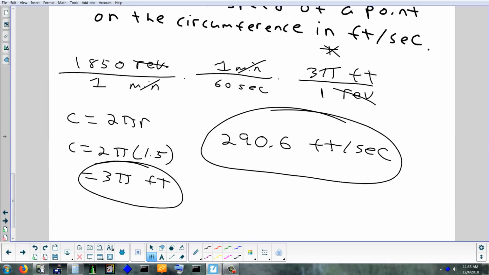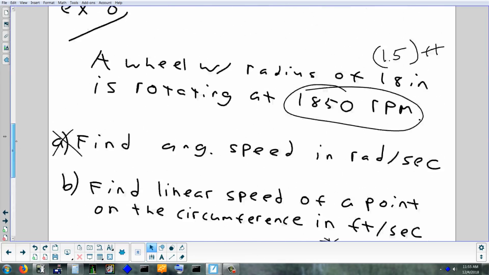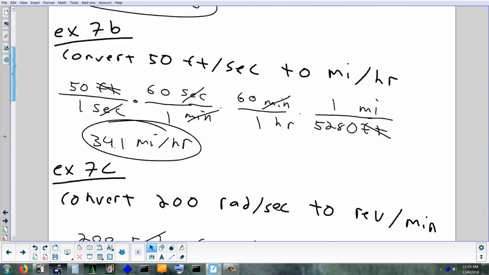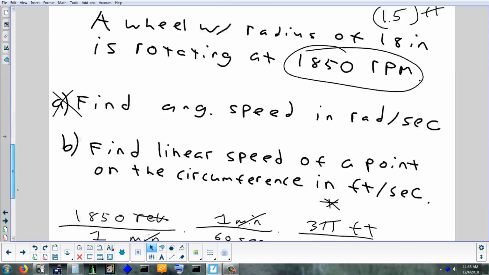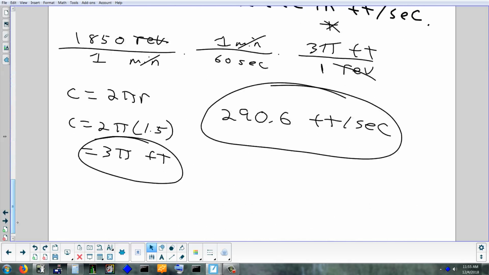So that's pretty fast. If you think back, we had another problem with feet per second. Where was it? 50 feet per second is about 34 miles an hour. Well, this is almost 300 feet per second. So it's 6 times faster than another problem.